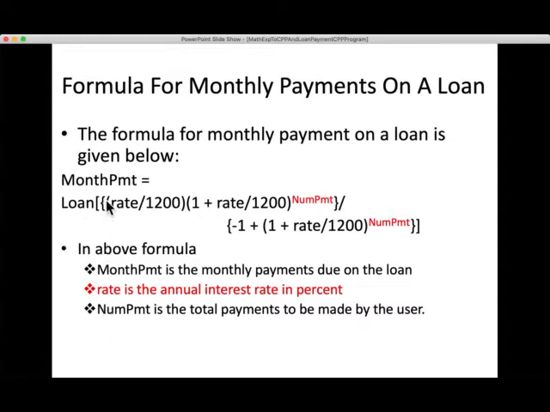Rate is the annual interest rate in percent. We divide that by 1200 to get the monthly rate in fraction. Num-PMT is the number of payments, total payments. As I said before, if you take a 5-year loan, it will be 12 multiplied by 5, 60 payments. Num-PMT in that case will be 60.